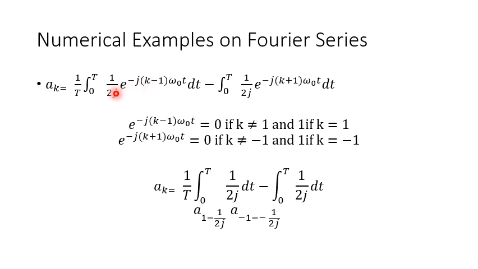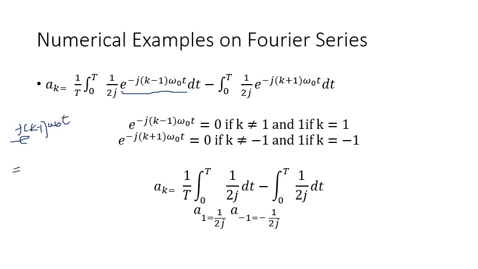Because if I expand it, let me expand it. I can write e power minus j (k minus 1) times omega naught t.